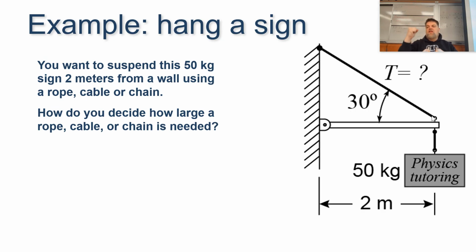Gravity is pulling down on the weight of that sign, right? The mass of the sign times the acceleration due to gravity, that's the gravitational force that's being applied. Doesn't that create torque right here? Yeah, it creates torque right here. Now that would be clockwise torque, so that would be a negative torque.